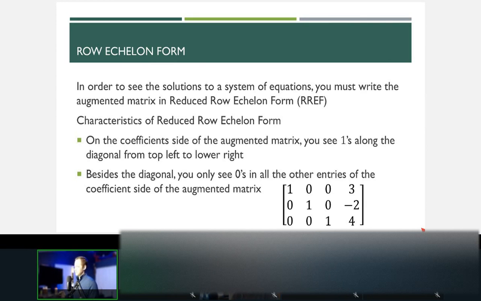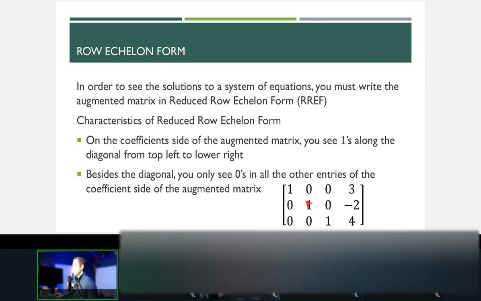We have 3 variables: your 2-dimensional x, y, and then your z-axis. Is it clear how x is 3, y is -2, and z is 4 based on this form of the matrix? That's the whole point of getting to the RREF form. It gives you the answer to our system of equations.